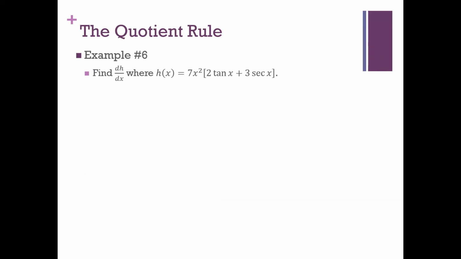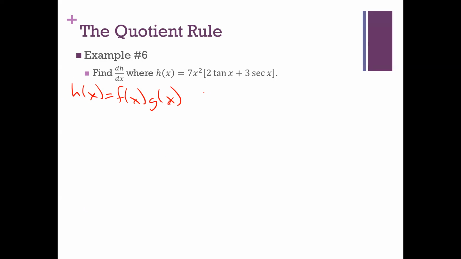So we need the product rule, right? Why? Garrett, you got something? Isn't it because x is multiplying 2 tan x plus 3? Yeah, so basically what's inside the square brackets multiplied by what's outside the square brackets.